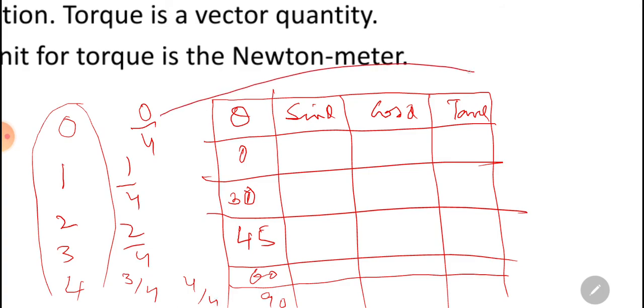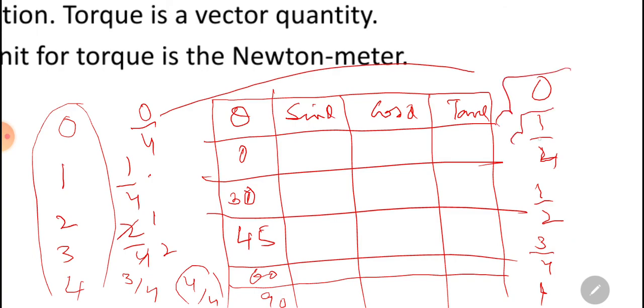So from this we will write 0. From this we will get 1 by 4, and 2 by 4 gives 1 by 2. This will get 3 by 4 and from this we will get 1. So take the square root of each number.